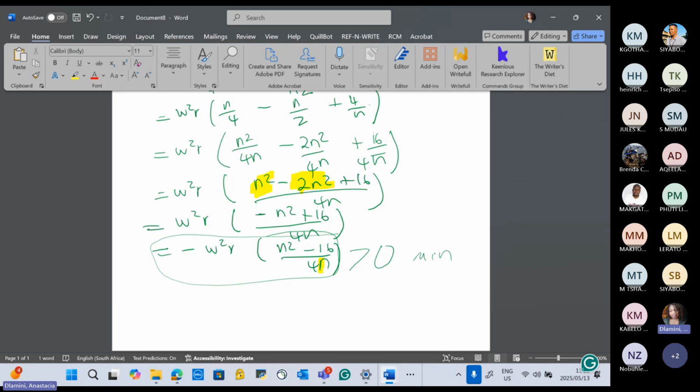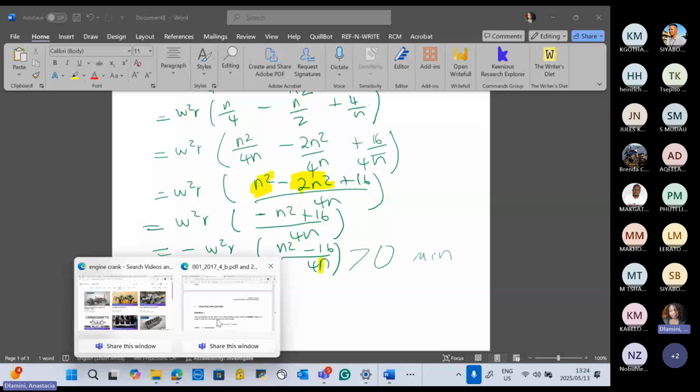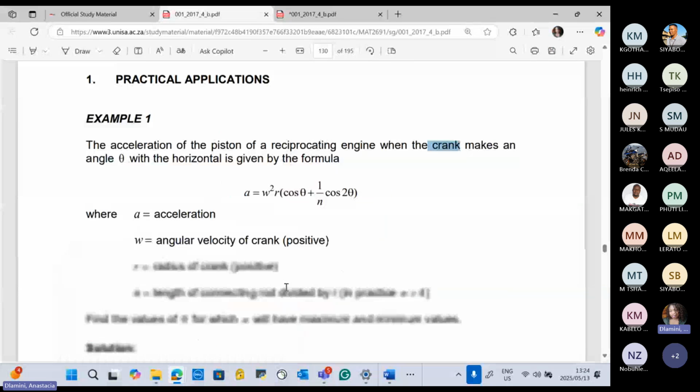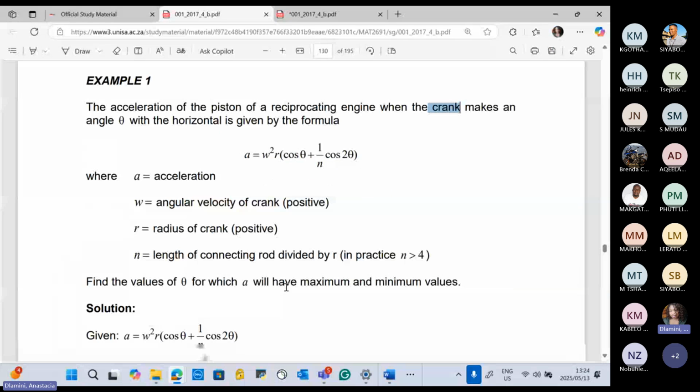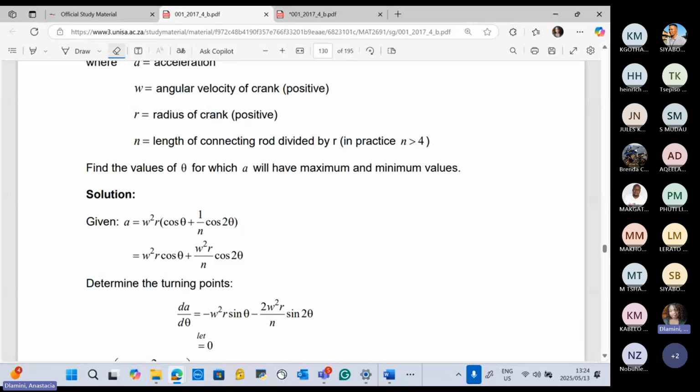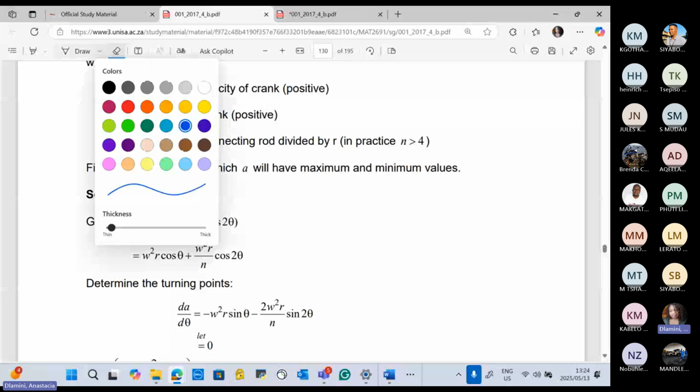You will consider it, because remember we looked at 4 scenarios. What did they say? They say n in practical, as in real life, when the engineers, the mechanicals are considering it, n has to be greater than 4.